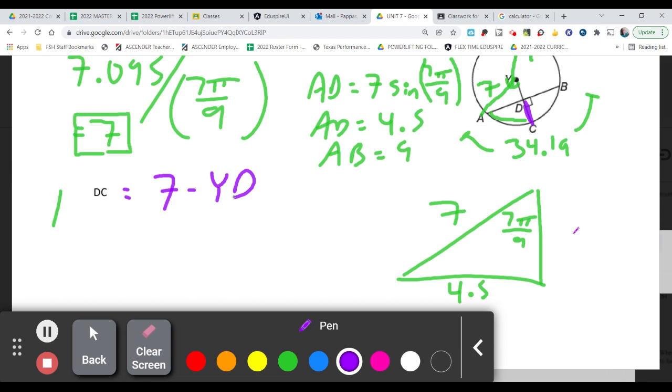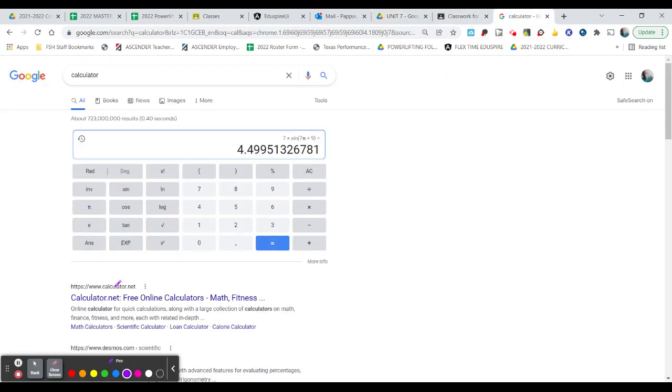Now YD, which is that part of the radius we did on the earlier problem, is going to be 7 cosine of 7 pi over 9. So then we got 7 cosine of 7 pi over 9 in our calculator there. It says negative 5.36. It's really going to be positive, so it's positive 5.4.